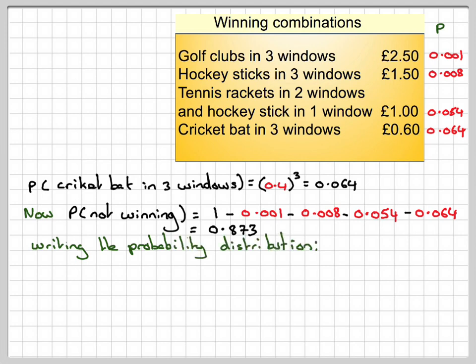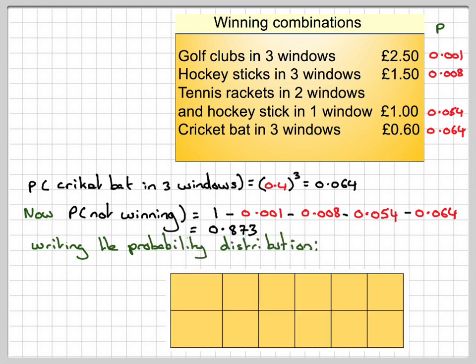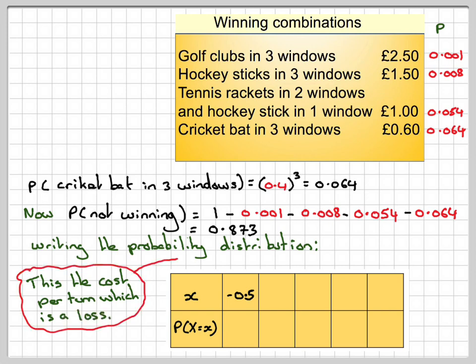And now we can write these in a probability distribution table. So make a table, and don't forget X stands for the expected win or loss. So we can lose 0.5, because that's the cost of actually playing the game if we don't win anything. Now this becomes 2, not £2.50, because it costs 50 pence to play the game, which is not going to be given back.